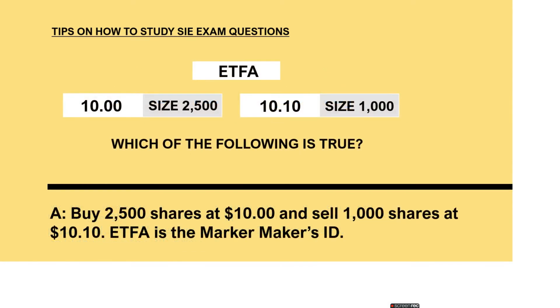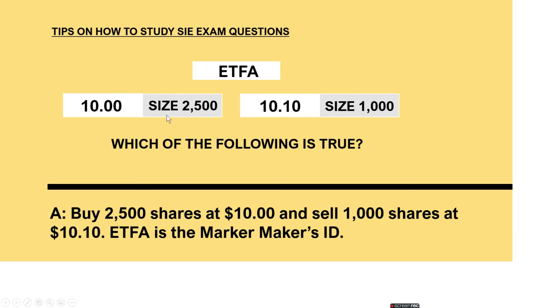Now, on your exam, you may see it formatted this way. If it is formatted this way, then above it, ETFA is the market maker's ID. You may be presented with a question that says, which of the following is true? And it'll be formatted similar to the format you see here on the screen. Remember what we just discussed: the first value is the bid, the second value is the ask.